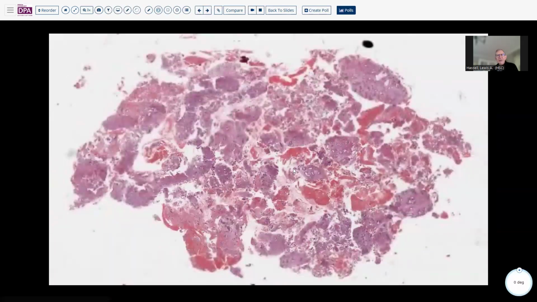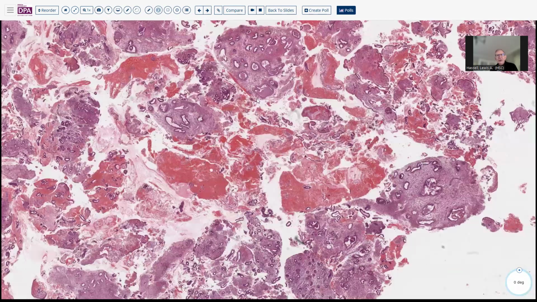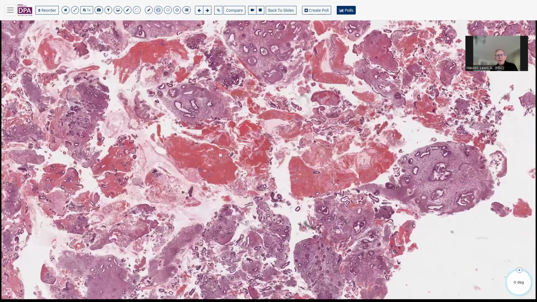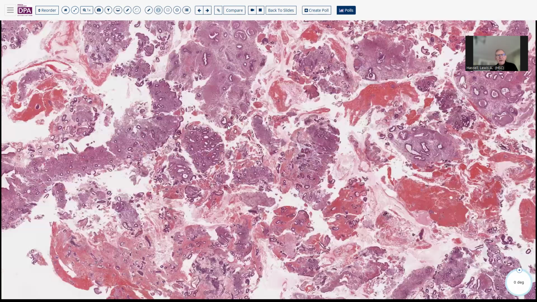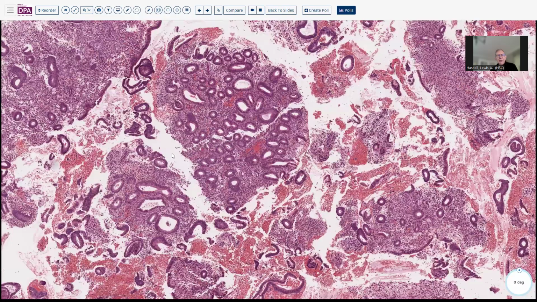So here's an example. As we can see at lower magnification, there are some clustered atypical glands here in a few areas. I'll just sort of pan around the slide to see where maybe the most high density area is. Maybe an area like this is beginning to get higher density, and then you see some enlarged atypical glands here.